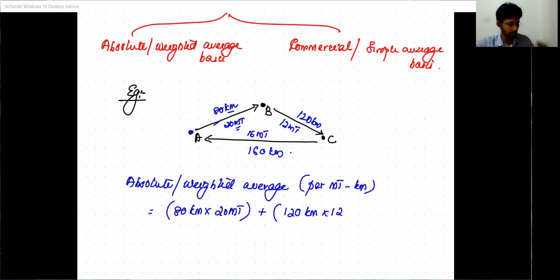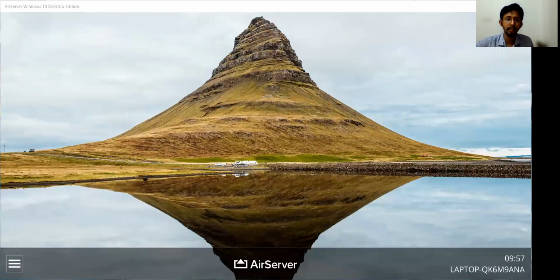That is equal to 1600 plus 1440 plus 2560, so 5600 metric ton kilometer. So the total carried can be expressed as 5600 metric ton kilometer.